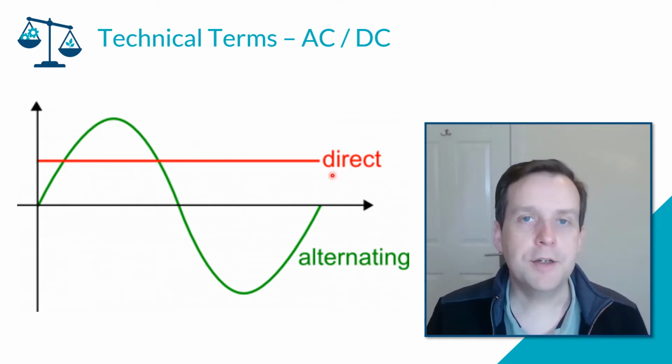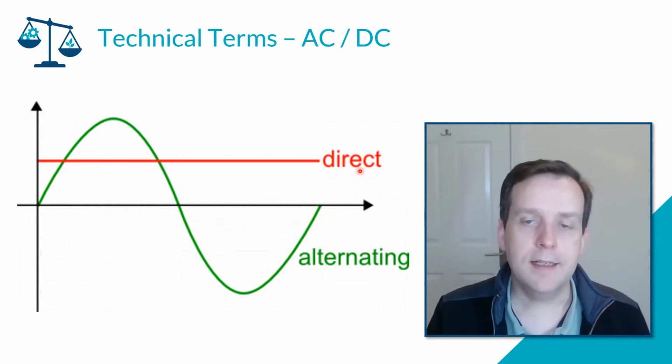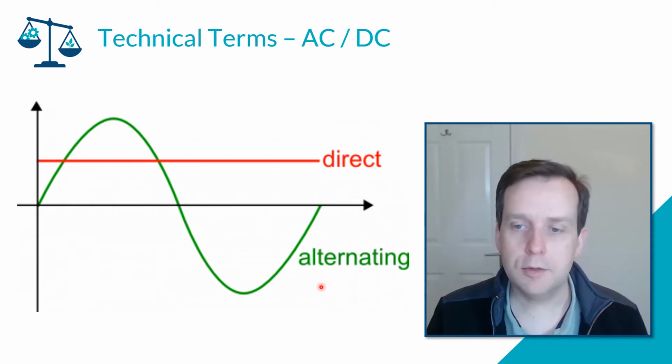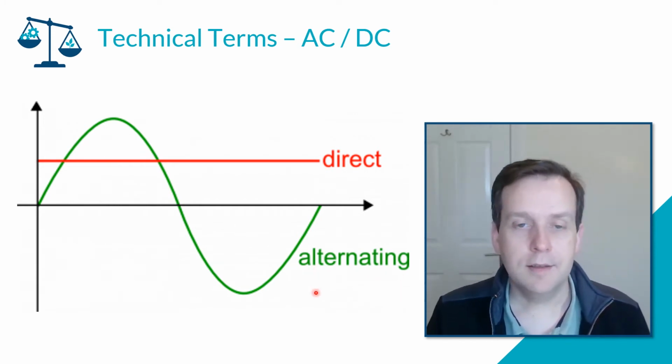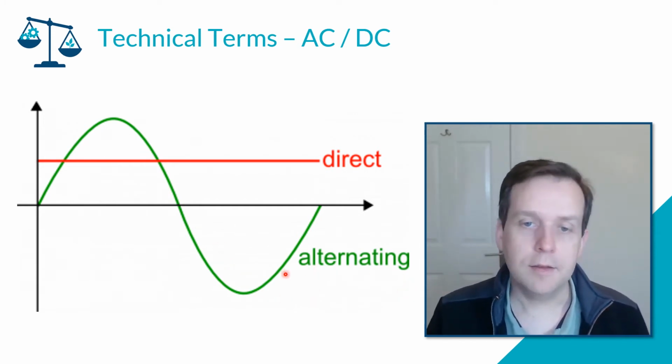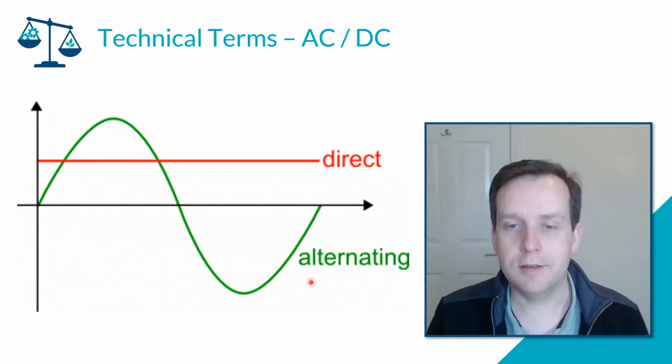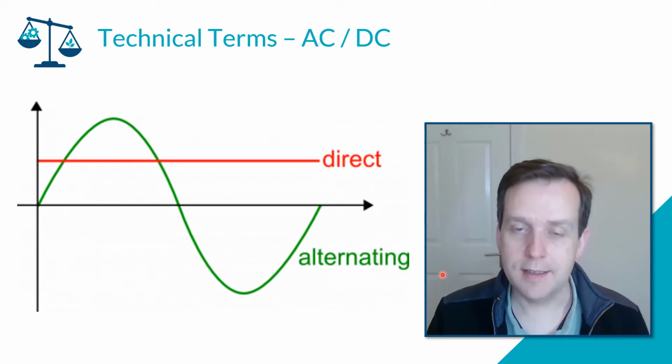So if you imagine in your house, what would be on direct current would be computers, mobile phones, virtually anything that is primarily electronics. What you find on alternating current is primarily anything to do with heating or even lighting. So your electric oven would be on alternating, your toaster would be on alternating, your electric kettle would be alternating.